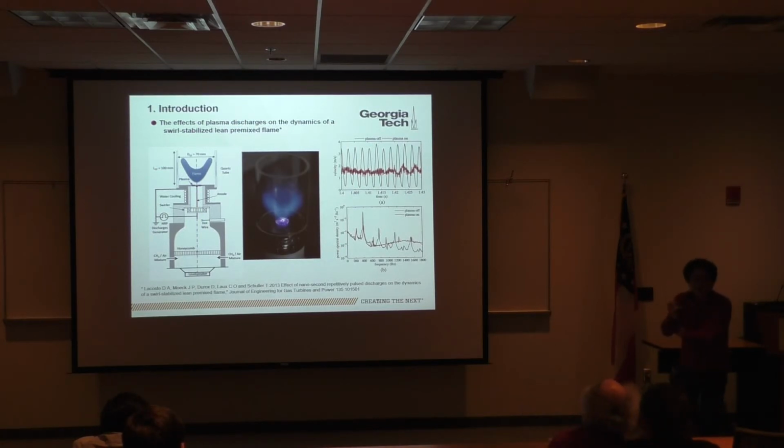Yeah, what is the practical application of this? Are you eventually going to stabilize a flame using this high-frequency discharge? Is that a reasonable thing to do? Or is there another reason why you're doing this? And just understanding is a good reason.